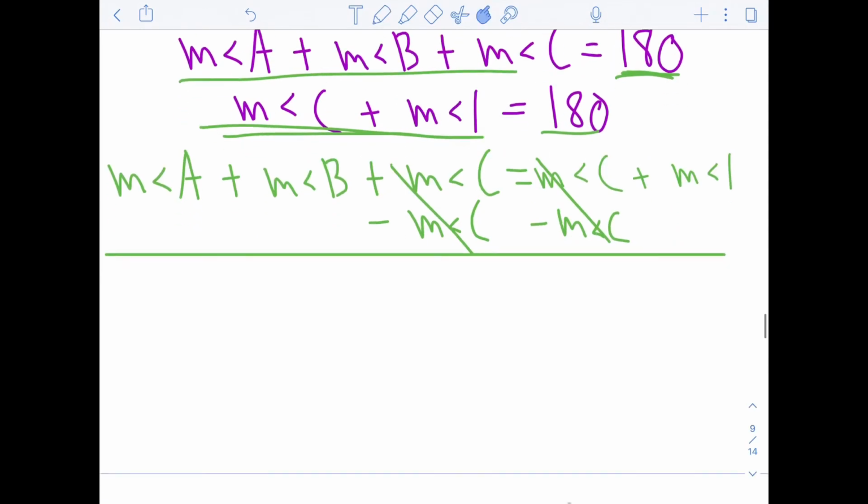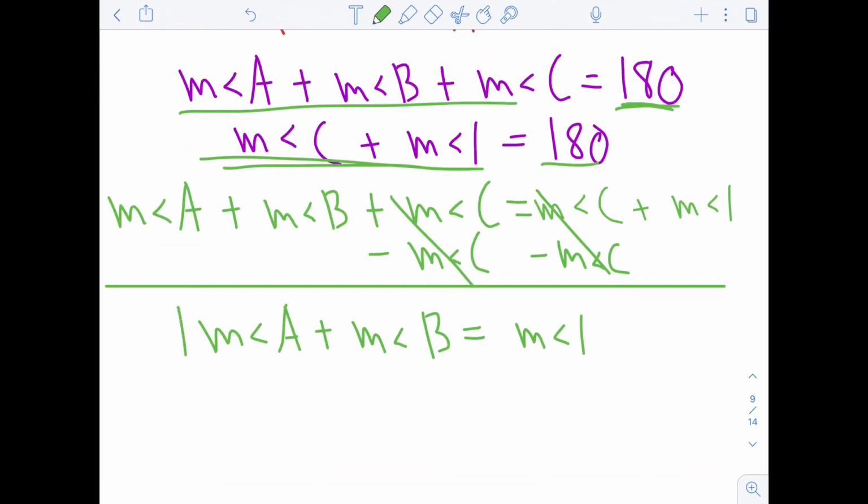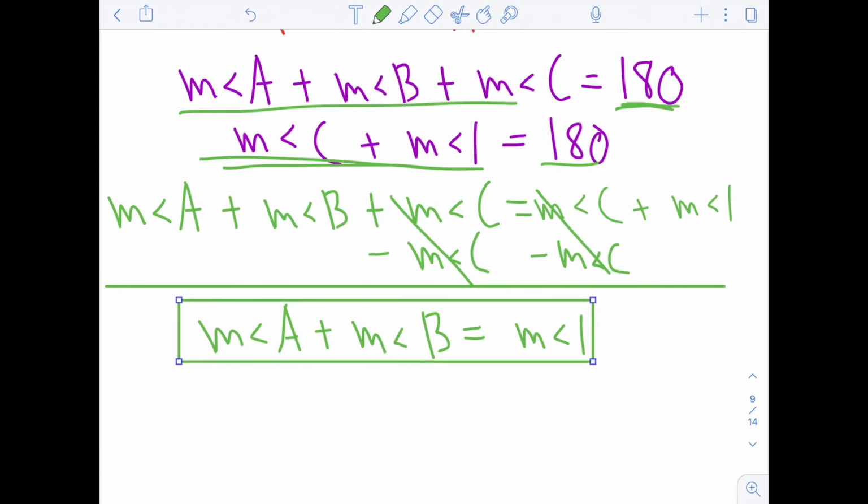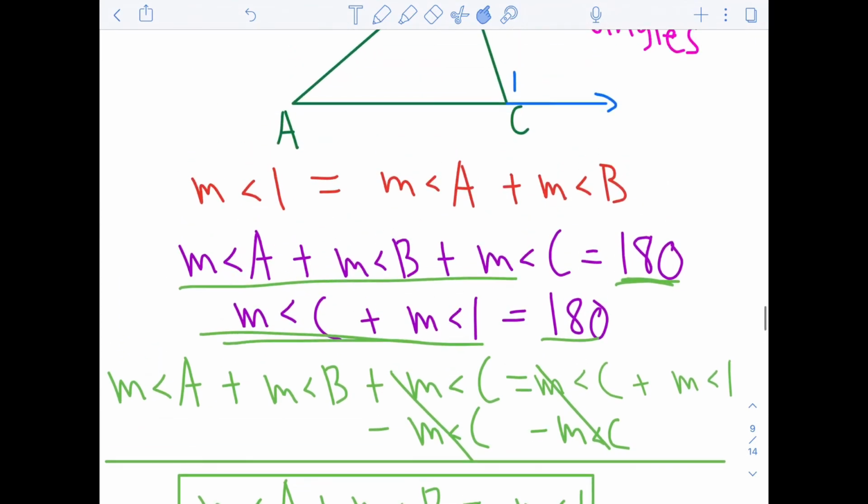And so you're going to be left with measure of angle A plus the measure of angle B equals the measure of angle 1. And there you go. We proved the exterior angle theorem, because measure of angle A plus measure of angle B equals angle 1, just like we said earlier right here.